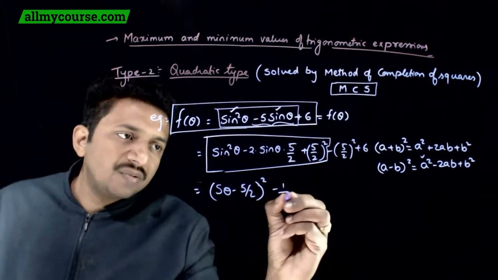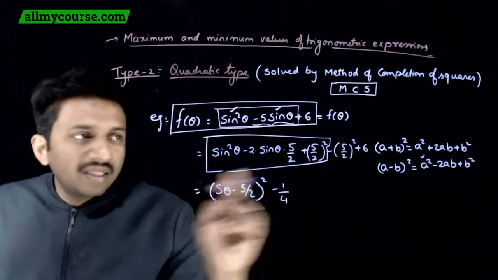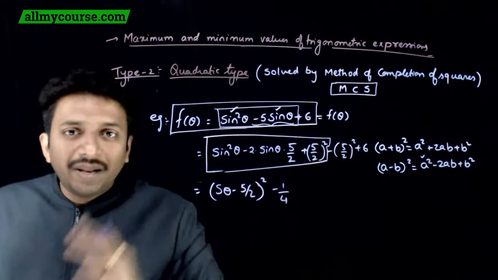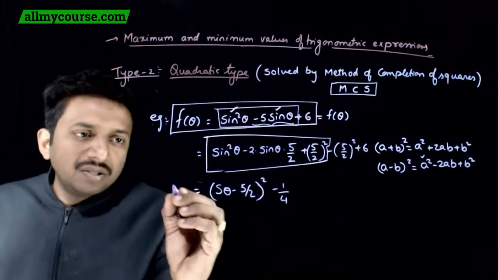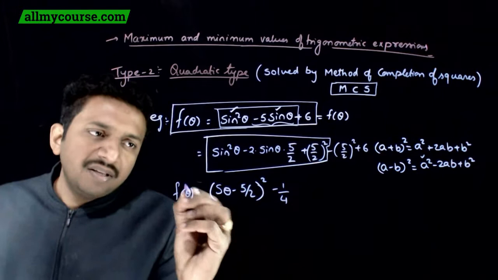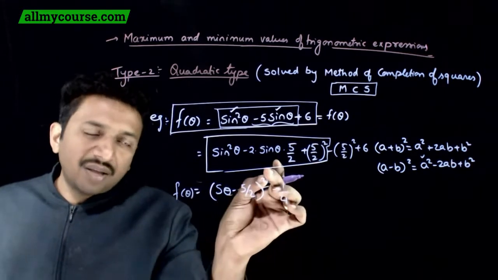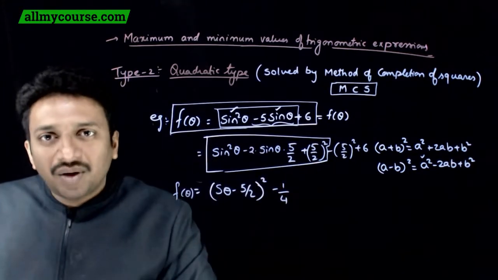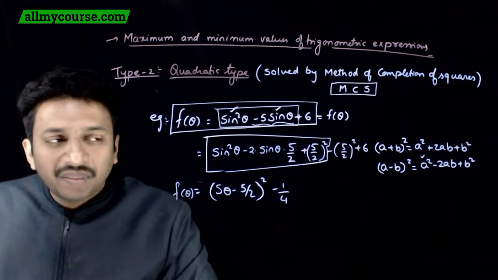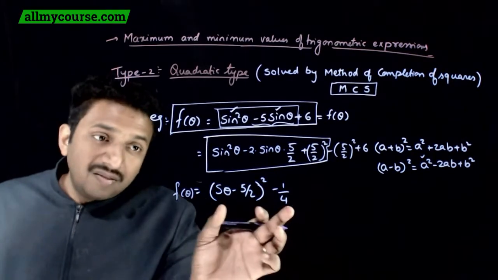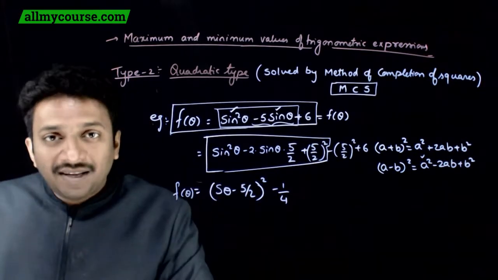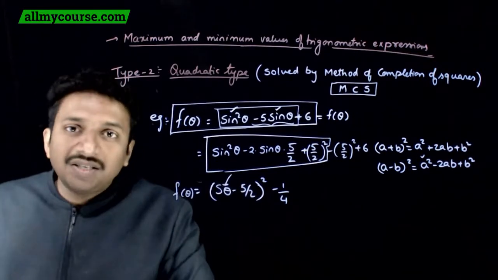So you get minus 1 by 4. So this expression f of theta is equal to sine theta minus 5 by 2 whole square minus 1 by 4. Now, this expression is very easy to analyze because there is only one thing that is changing, sine theta.